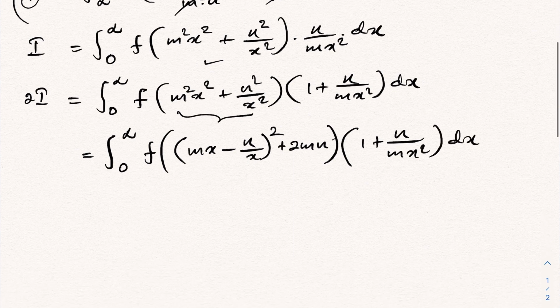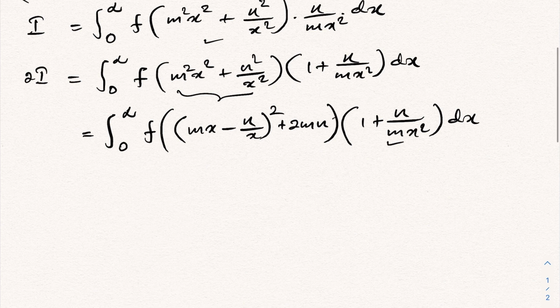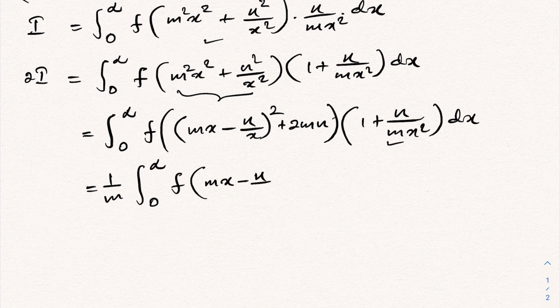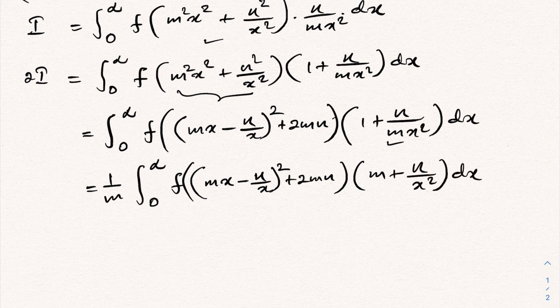Then here we have m, so I'm going to take 1 over m as a common factor. So 0 to infinity f of (mx minus n over x) perfect square plus 2mn, times (m plus n over x square) dx.